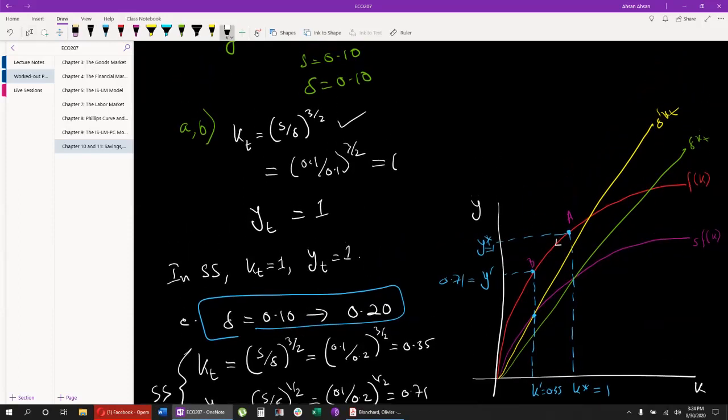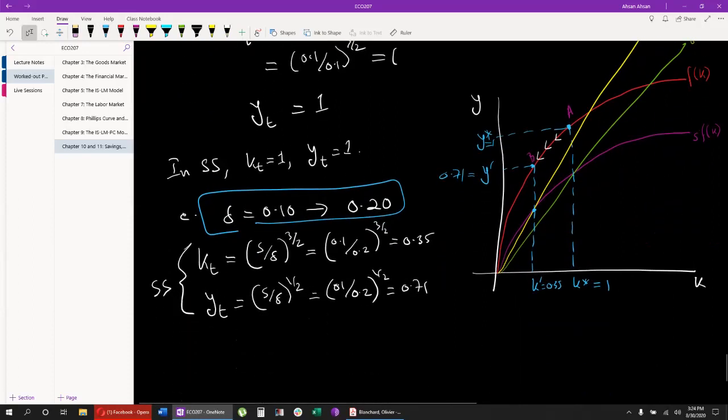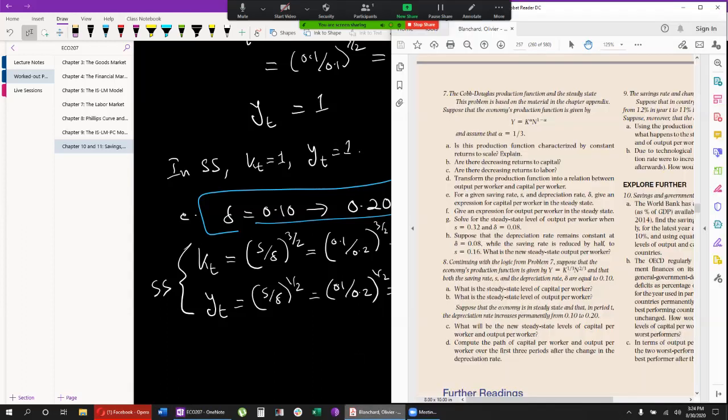We're going to slowly travel from A to B. Every single year, our output per worker and capital per worker will fall a little bit until we end up at point B, which is of course our steady state. Once we've arrived at point B, we're not going to move anymore. Just like A used to be our steady state, now B is going to become the steady state.